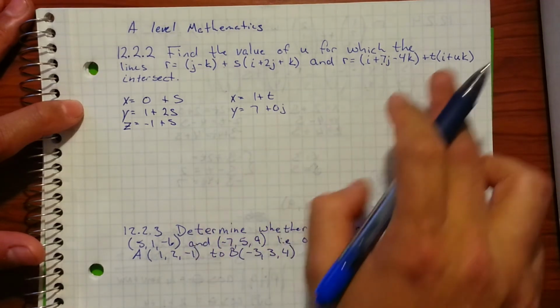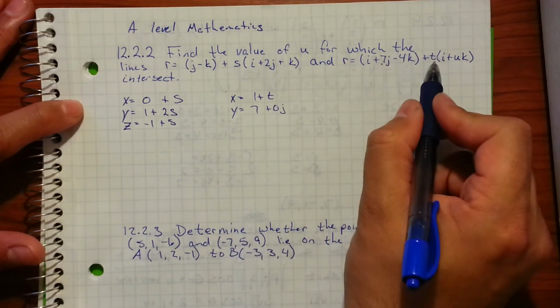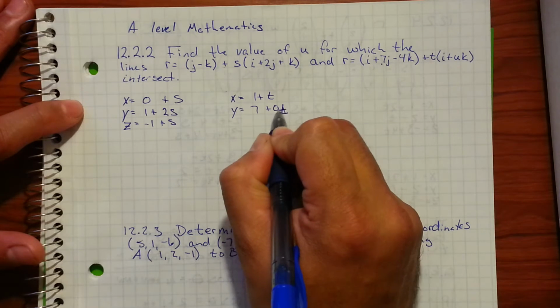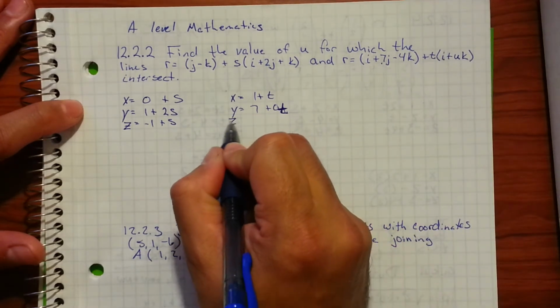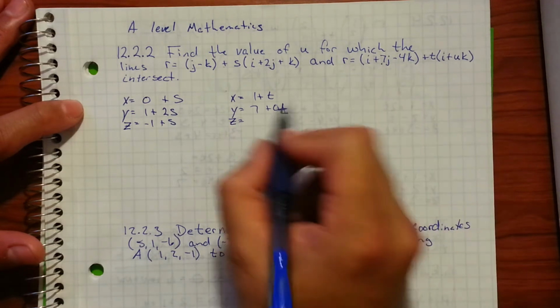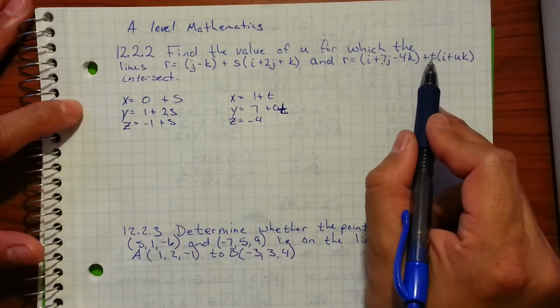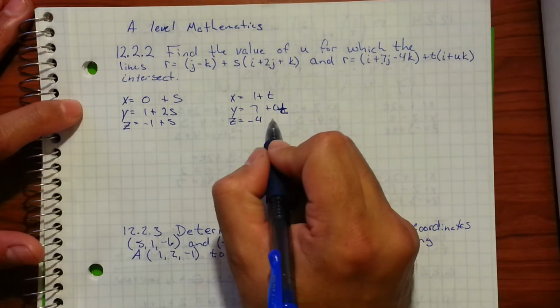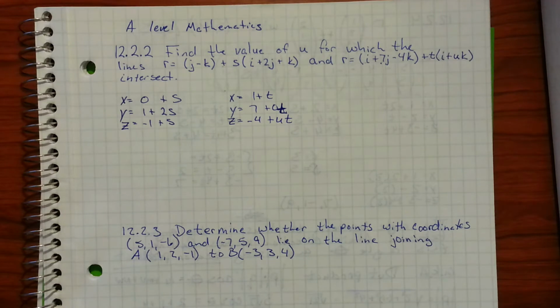I have no j there, so that's 0t, t is my variable there. And my z value is going to be -4 plus ut. So now I have all that written out.